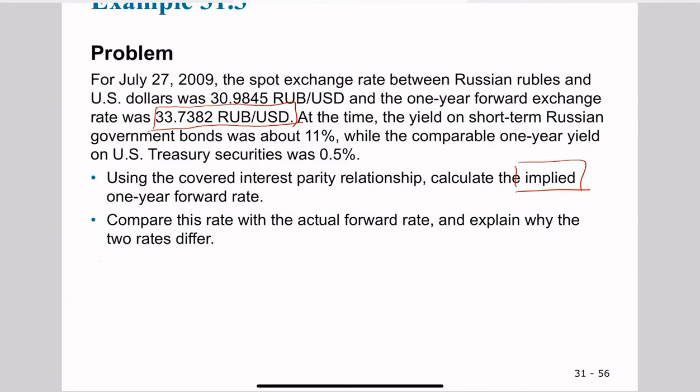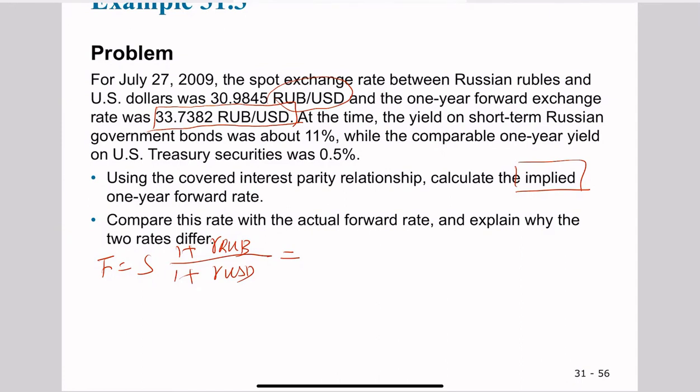So we would just use F equals S. Here the exchange rates are expressed in ruble per USD, which means we should use 1 plus the interest rate in Russia divided by 1 plus the interest rate in USD.